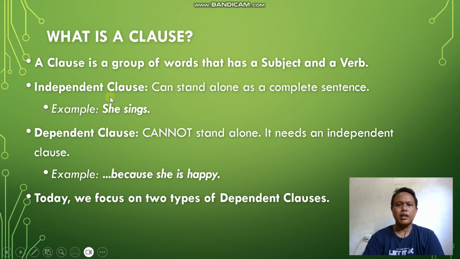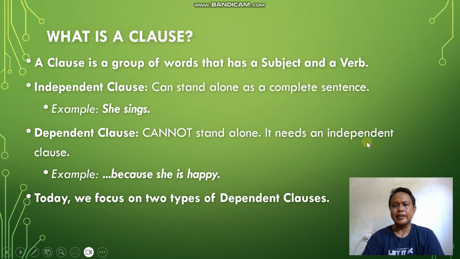What is an independent clause? An independent clause is a clause that can stand alone as a complete sentence. For example, she sings. And a dependent clause is a clause that cannot stand alone.